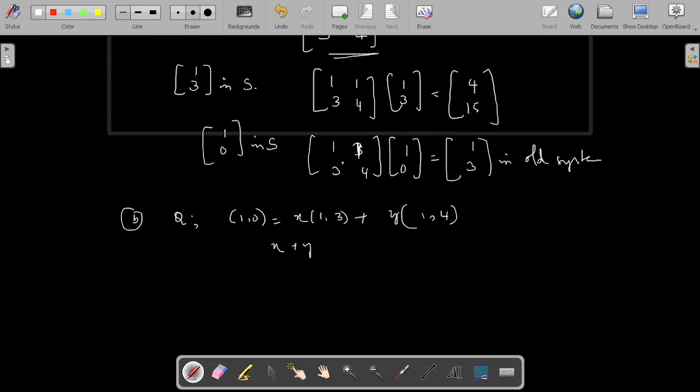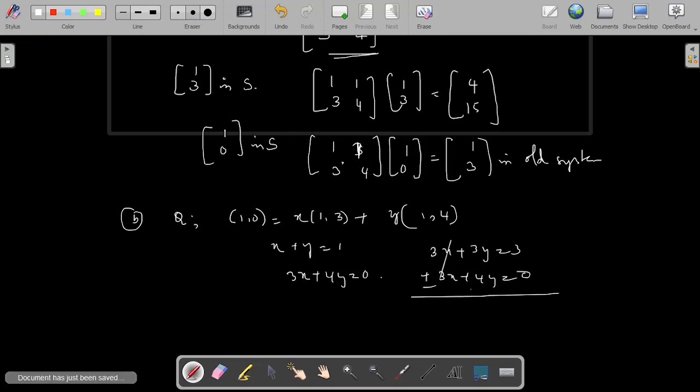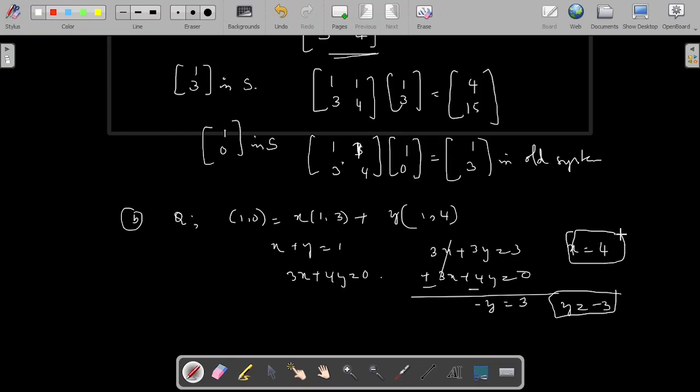This gives x plus y equals 1 and 3x plus 4y equals 0. Then 3x plus 3y equals 3. Solve this with 3x plus 4y equals 0. So this cancels, and you get minus y equals 3, y equals minus 3. Similarly, x equals 1 plus 3, that is 4. So x equals 4, y equals minus 3.